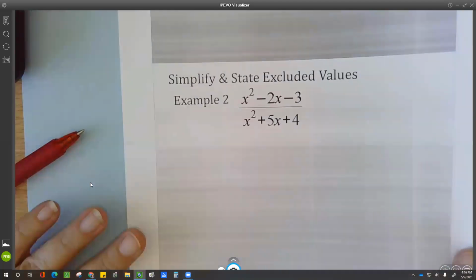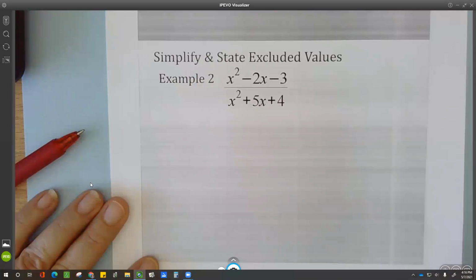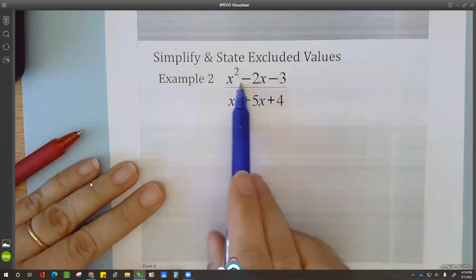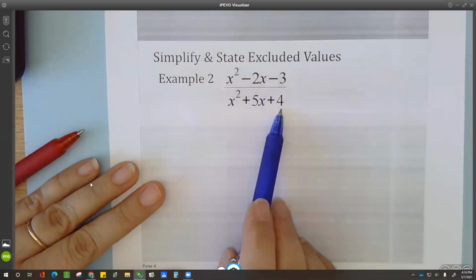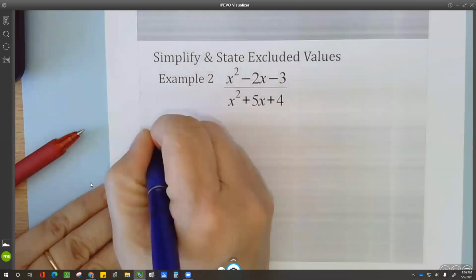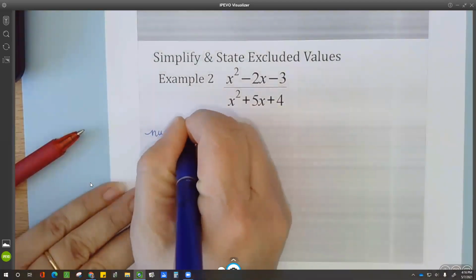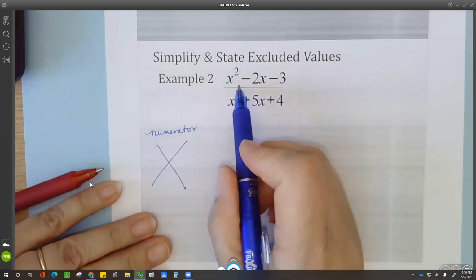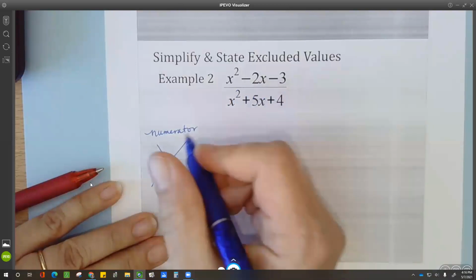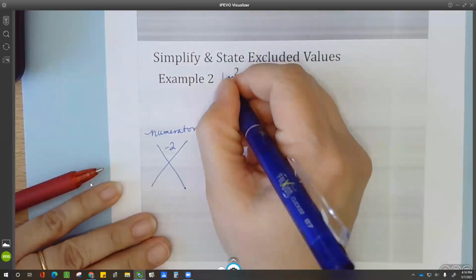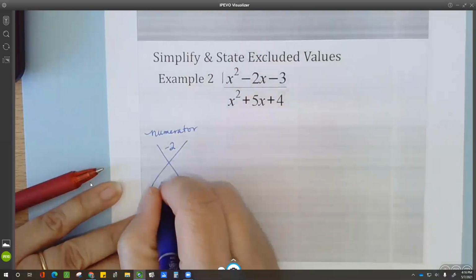I have another example. Please write this one down. I'll have to factor my numerator, and I'll also have to factor my denominator first. So for the numerator, I need to find factors that will add up to be -2 and multiply together to be 1 times -3, so -3.